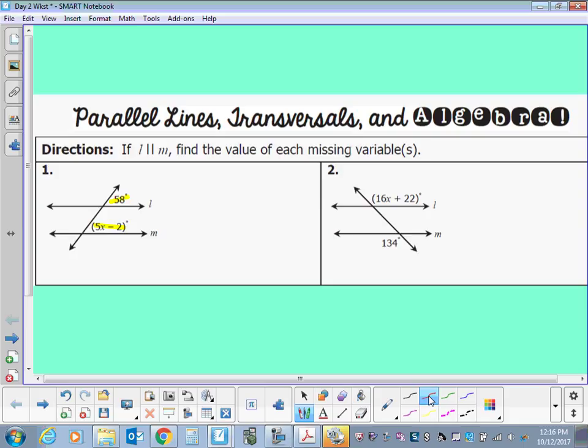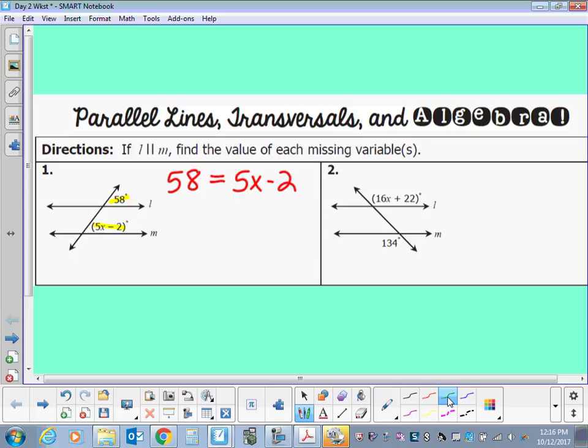All right, so if they're corresponding, they are congruent. It's the same angle, right? You can tell the same position. So we have 58 is equal to 5x minus 2. What we have to do is find the value of each missing variable. In this case, we only have one missing variable.